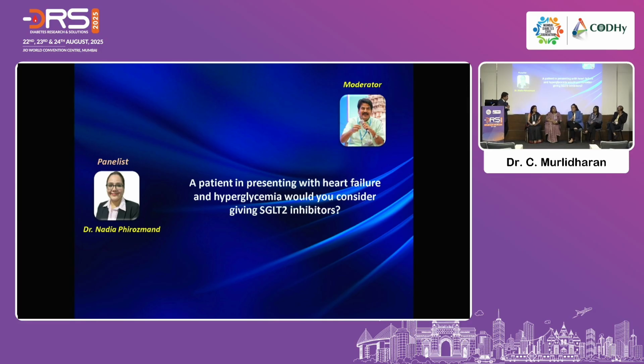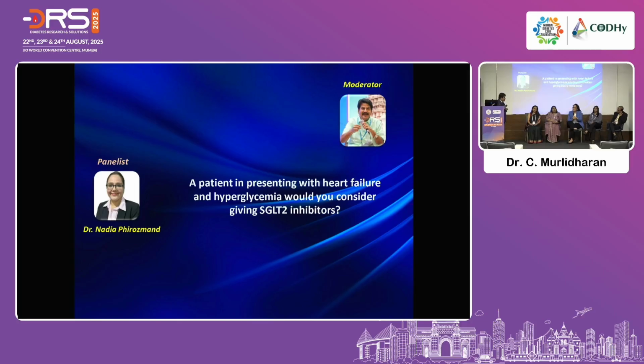Like we know, SGLT2 is one of the pillars that we use for heart failure. The action is at the SGLT2 site in the proximal tubule, where it pushes out the glucose into the urine, right? So there is a lot of diuresis, and that is going to reduce the preload on the heart.